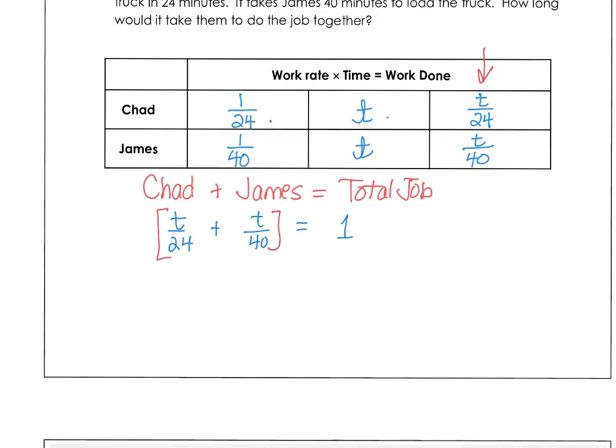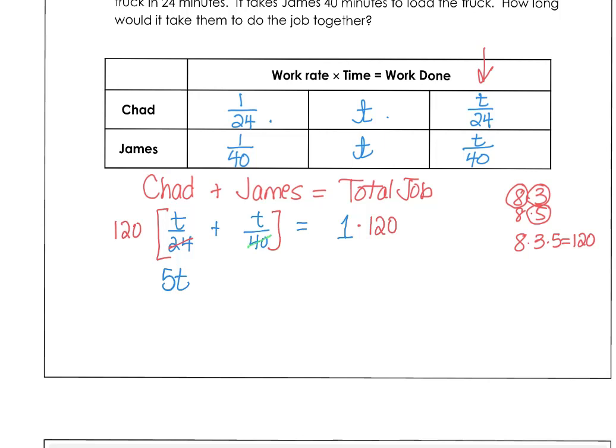So we need the least common denominator between 24 and 40. And our least common multiple is 8 times 3 times 5. So 8 times 3 times 5 is 120. If I multiply the left and the right by 120, 24 goes into 120 5 times.